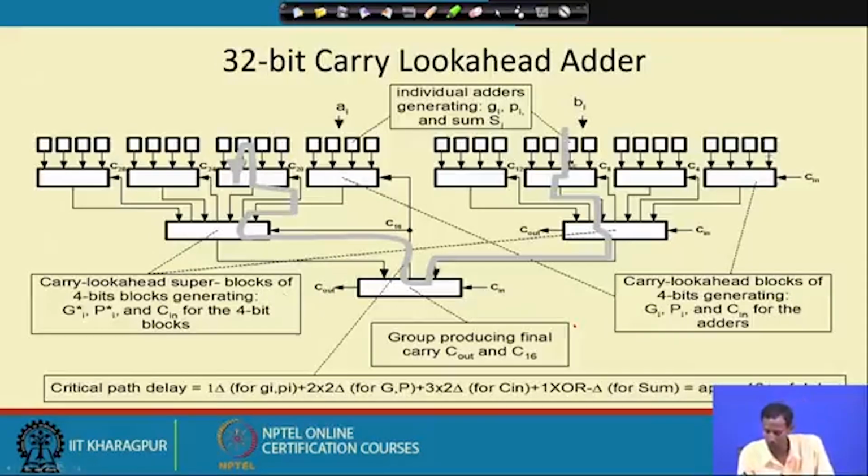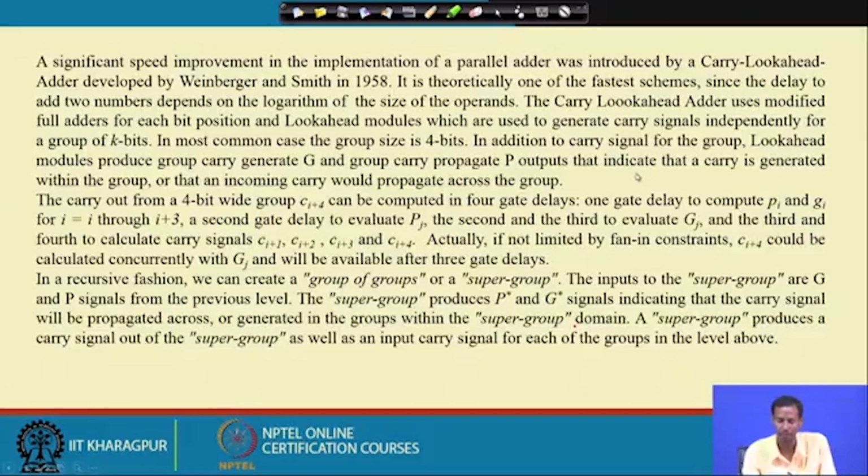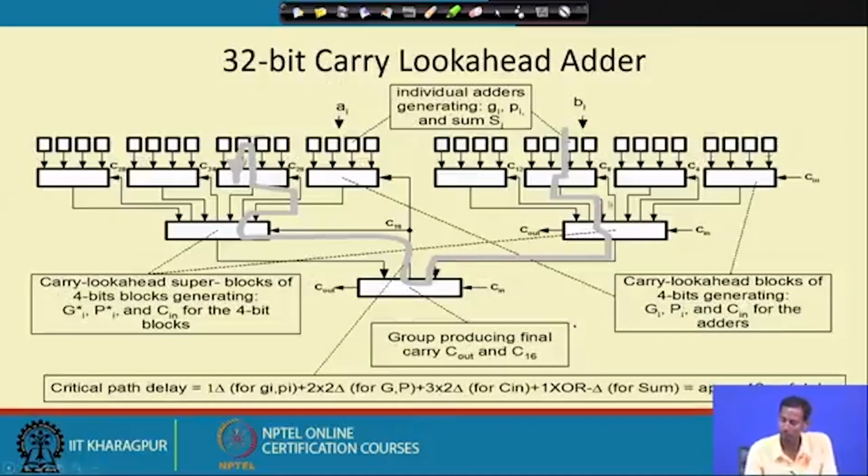So, the total delay will be that of any of these particular groups. Either it comes from this to this to this, or this to this, because it has to pass through 1, 2, 3, 4, 5 of these particular blocks. So, that is why the delay for this 32-bit carry look ahead adder will be something like this.